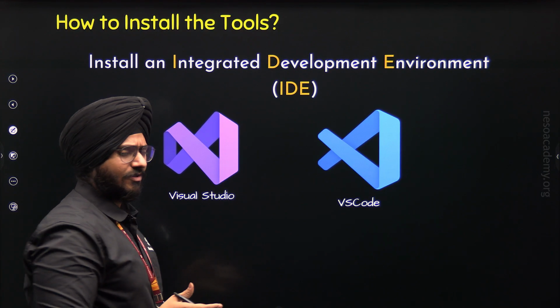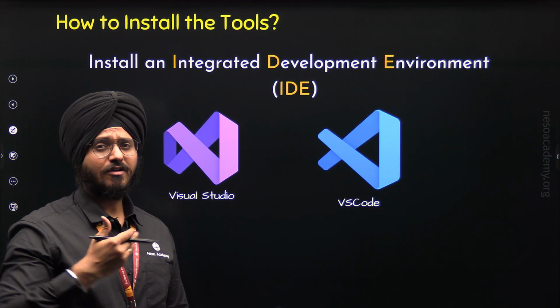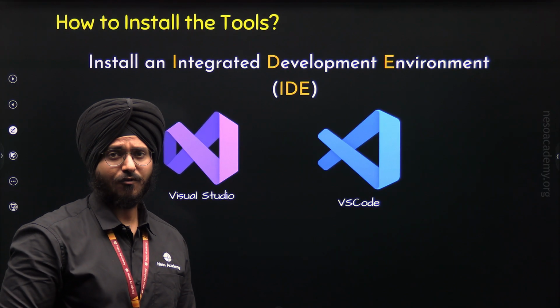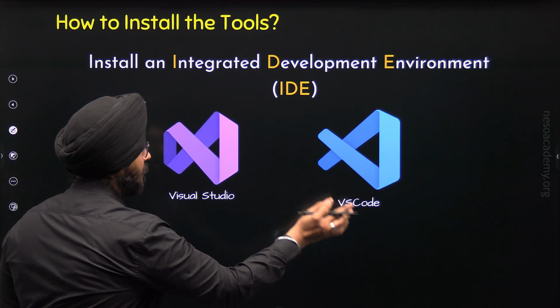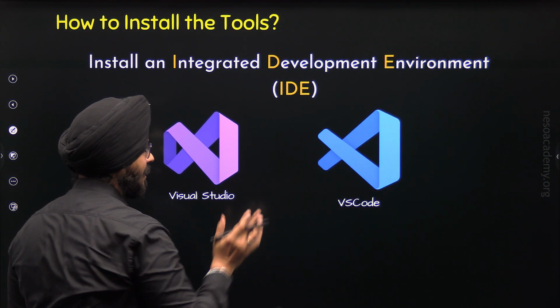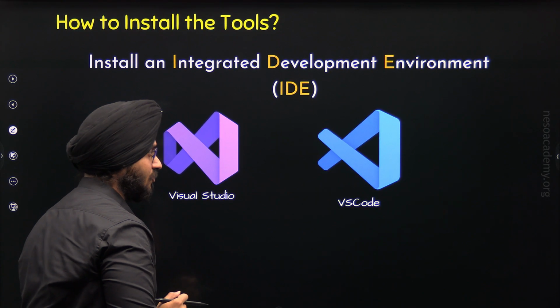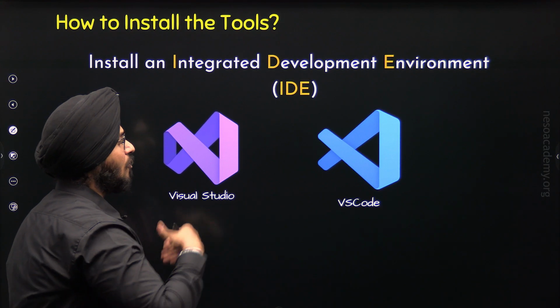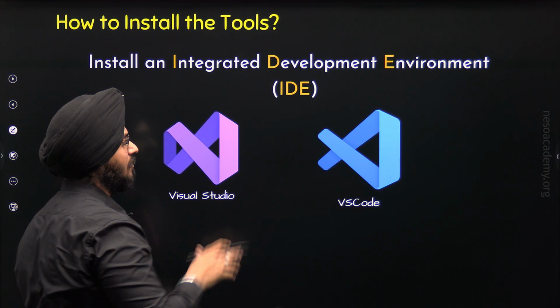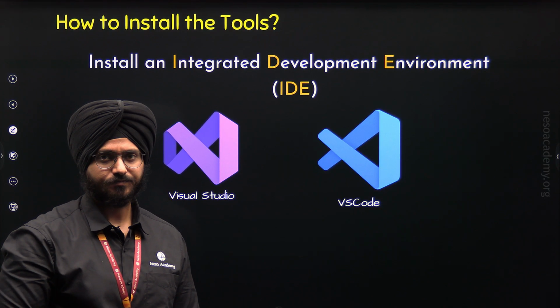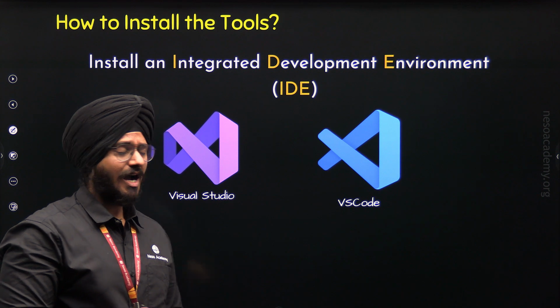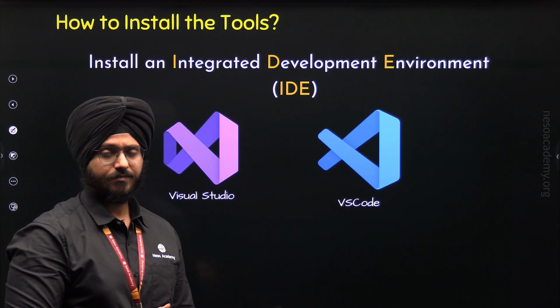But the problem is that it requires a lot of configuration from our side for developing C++ programs. So I would not recommend downloading this specific IDE and installing it on your systems, because for beginners it will be quite difficult to configure this IDE for C++ programs. So if you are a beginner, I would not recommend this IDE.